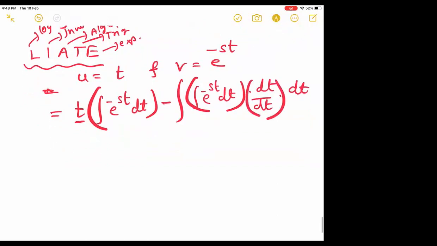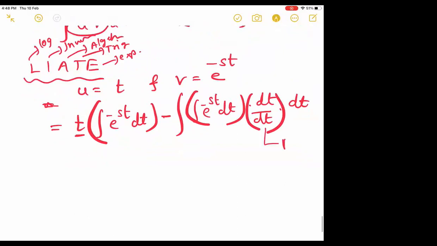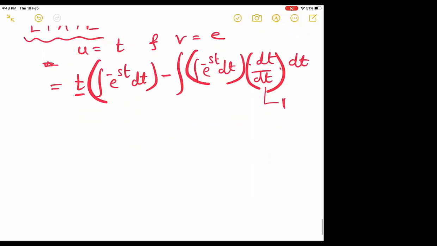So dt by dt of course gives the answer 1. And further, of course, you are going to put the limits 0 to 4 here. This answer is also from 0 to 4. Finally we are substituting in both.